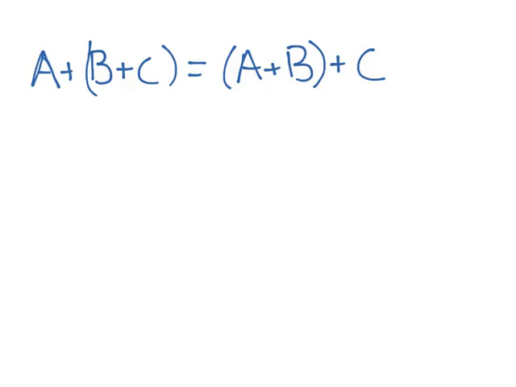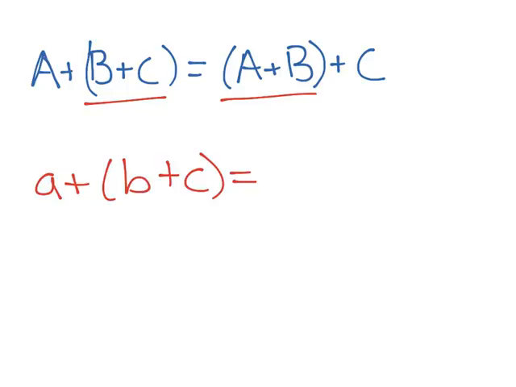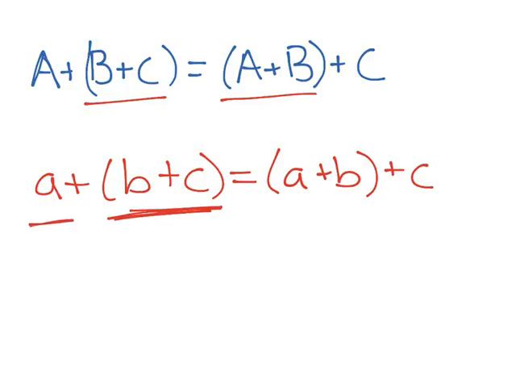Now, this, as you might recall, is also the associative property for addition as well. And it follows the same rule, since when you are just adding numbers, so when I use lowercase letters, it's because they represent numbers and not matrices. So if we were to add first B plus C and then add A, or if we were to add A plus B and then add C, we still get the same thing.